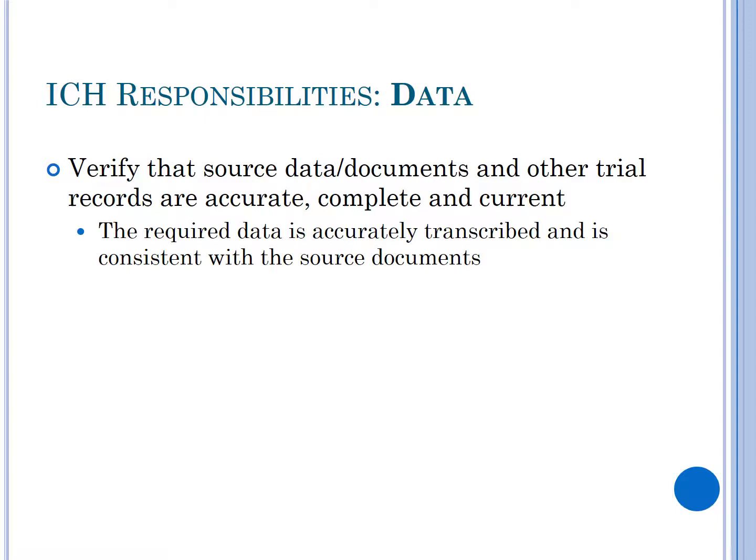That's a transcription error that would be, human nature to make. Your monitor is going to go through and make sure that everything is transcribed correctly onto the case report form. So if you had the numbers transposed in that example, your source document would not match up with your case report form, and the monitor would find that.